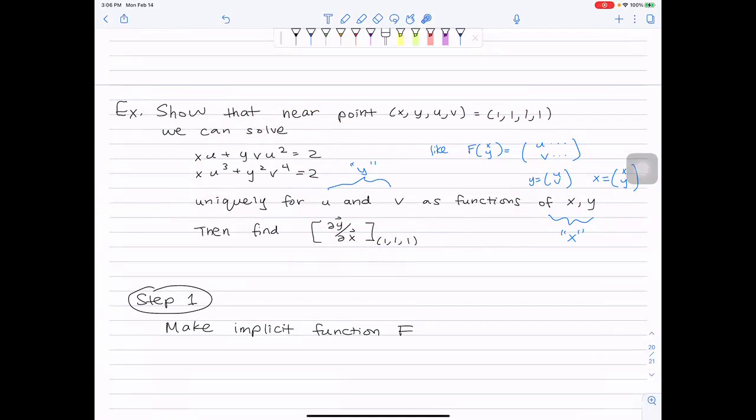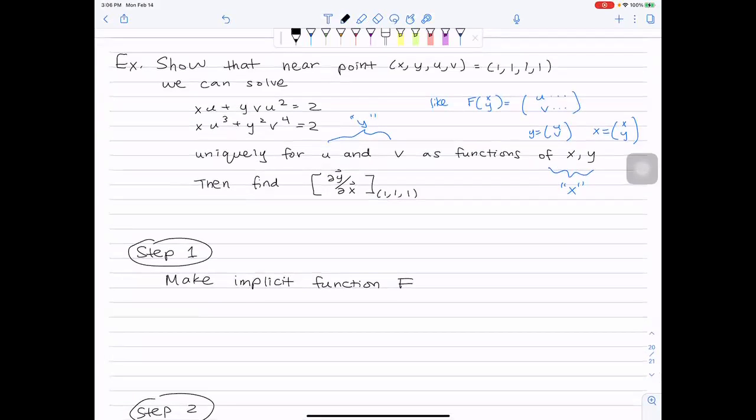What does this mean? When it says to solve uniquely for something, we want to call that something y. So I wrote little quotations around y. And as functions of something else means any other variables, let's just call that x.